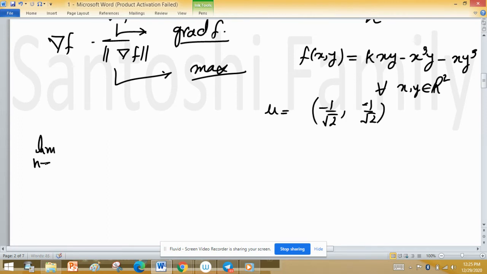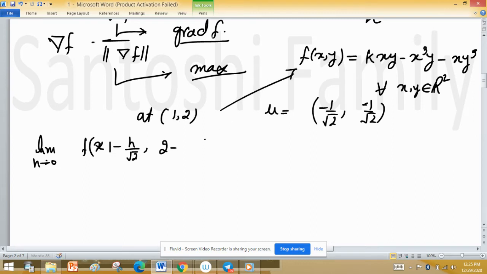Now apply the definition. Limit h tends to 0 of f(1 minus h upon root 2, comma 2 minus h upon root 2), because we have to find the directional derivative at the point (1, 2), minus f(1, 2), divided by h.